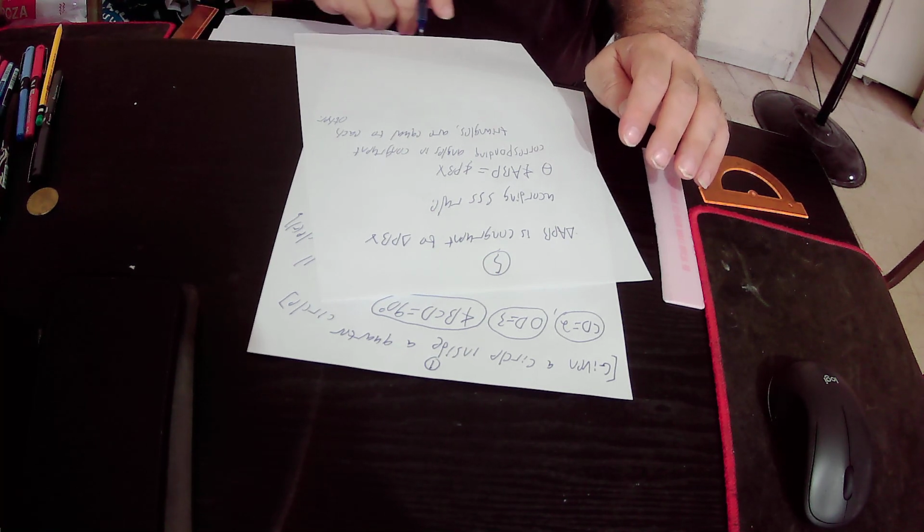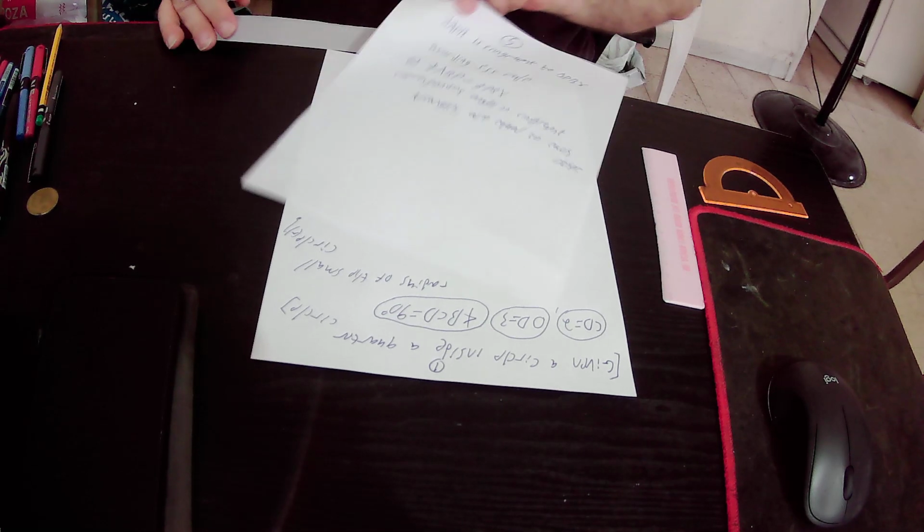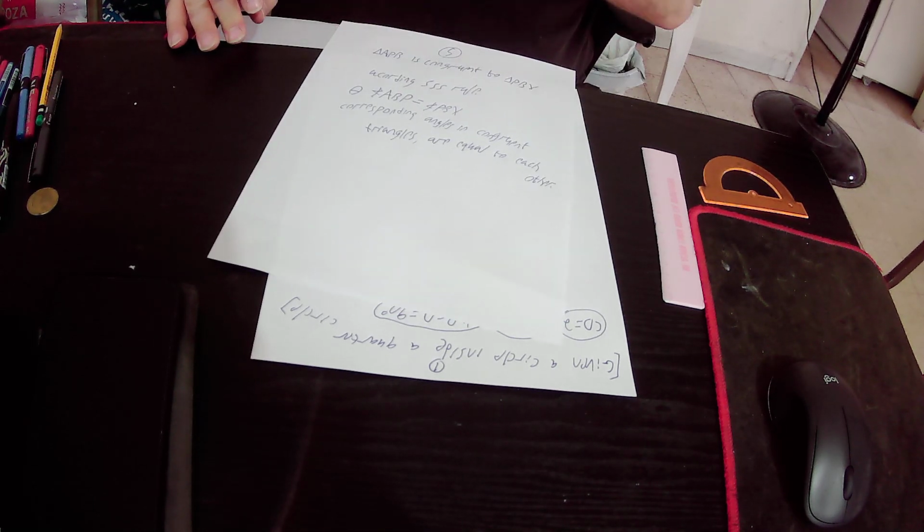Again, corresponding angles in congruent triangles are equal to each other. Triangle APB is congruent to triangle PBX, therefore the corresponding angles, angle ABP and angle PBX, are equal to each other.